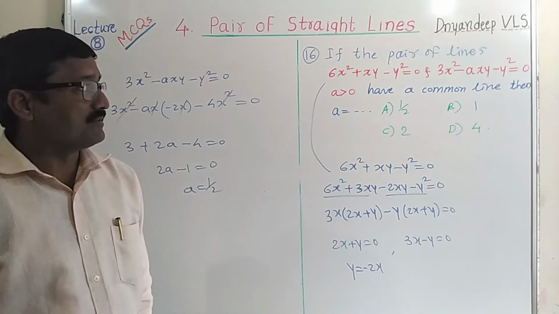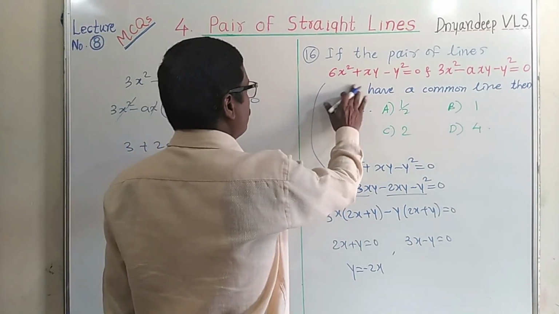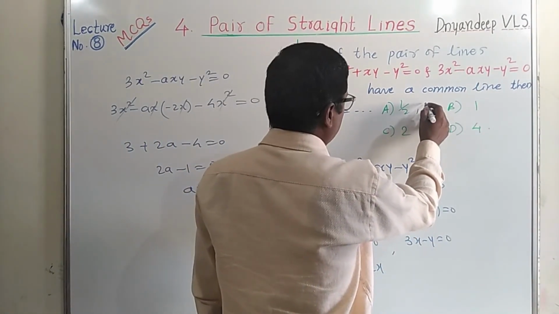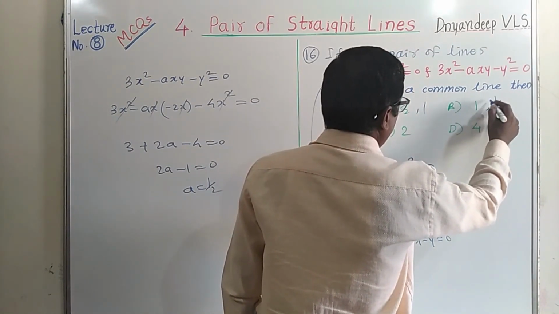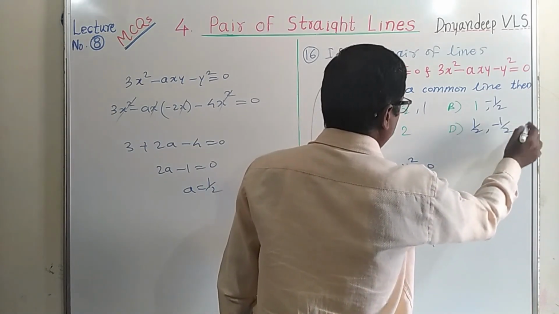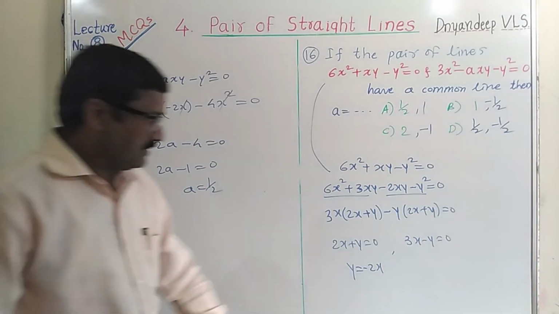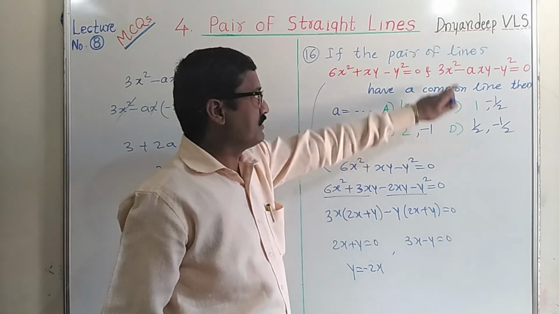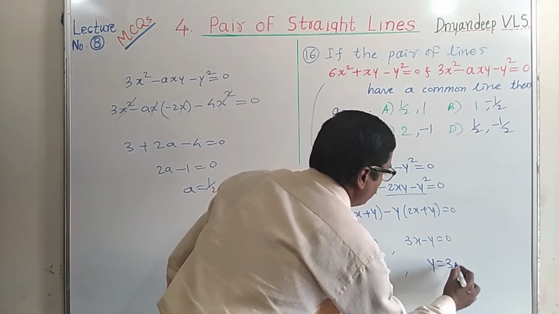Okay, sometimes what will happen, instead of this condition, suppose a greater than 0 is not given here, then the options will be half, 1, and minus half, suppose minus 1. Then sometimes this line may be coincident with this, or this line may be one of the lines given by this two. So here from this equation we get y is equal to 3x.